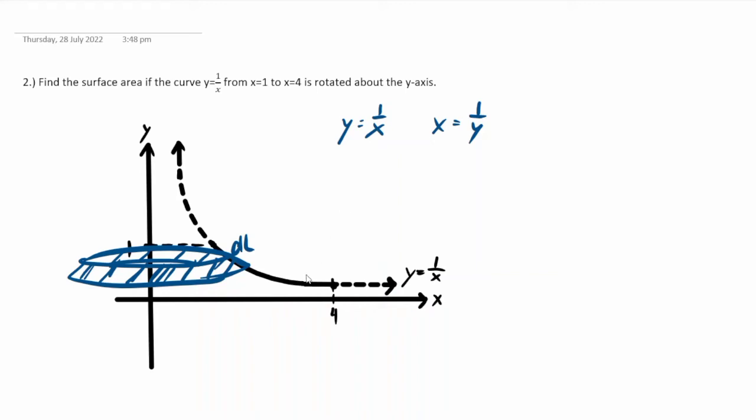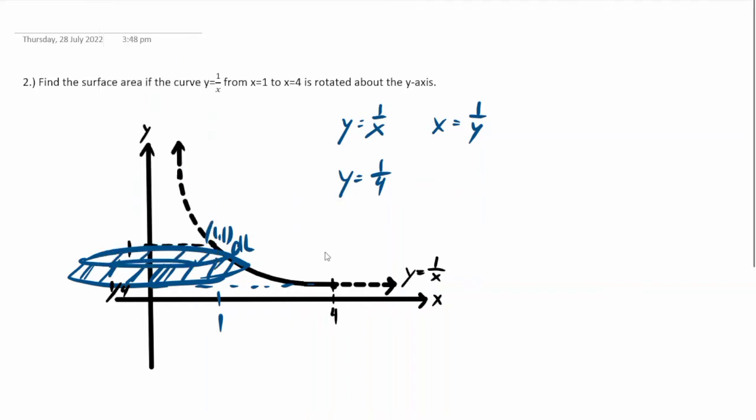And then our limit here is 1 here, and what we're looking for is this. To find that, we will plug in for this x here, and that will result to 1 over 4. So our limits are from 1 over 4 to 1.